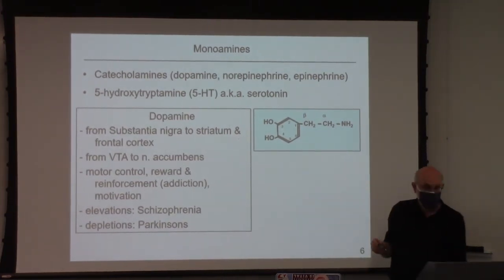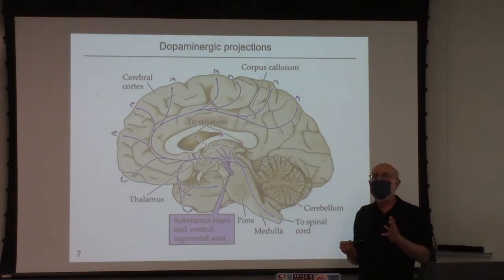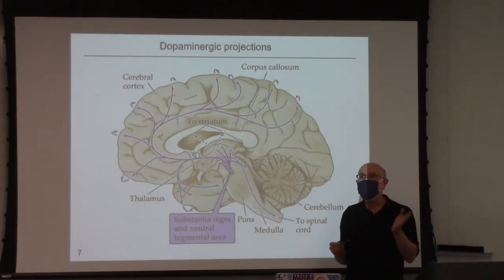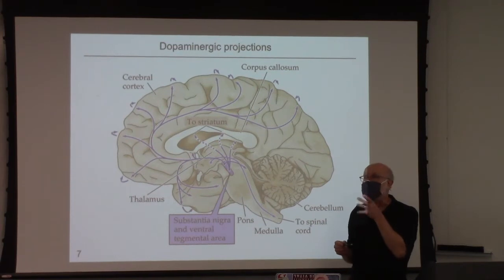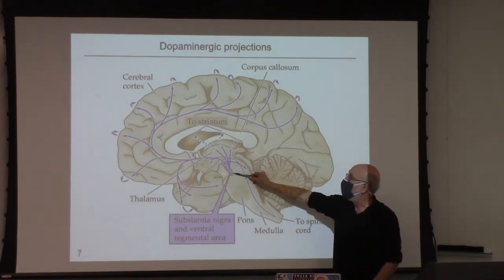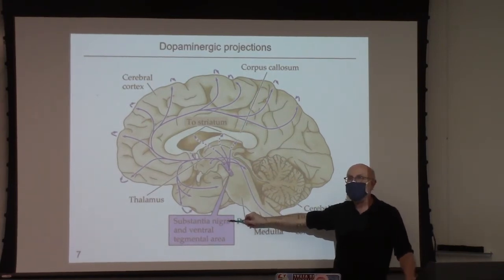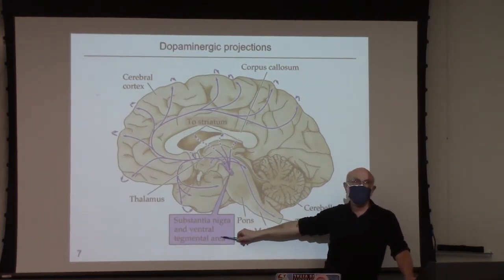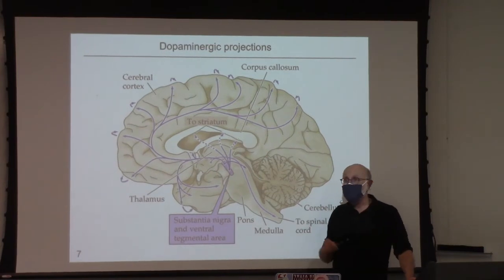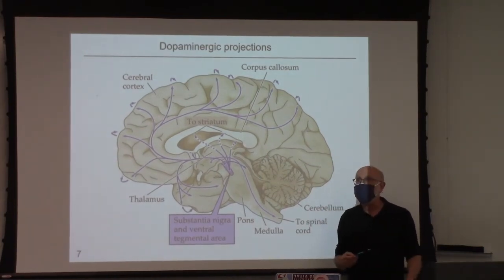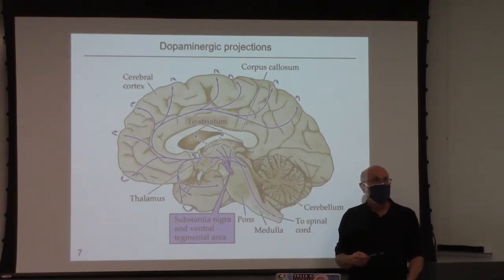The home of many, not all, but many, of the dopaminergic neurons is in two areas of the brain called the substantia nigra and the ventral tegmental area. That's neuroanatomy. I'm introducing some neuroanatomy that I do want you to know.